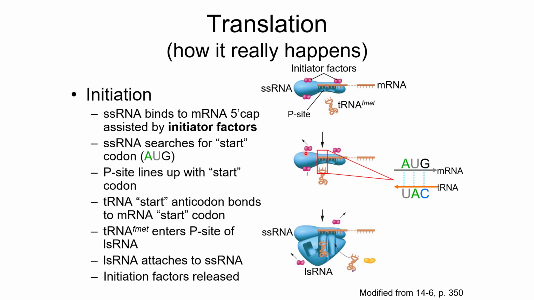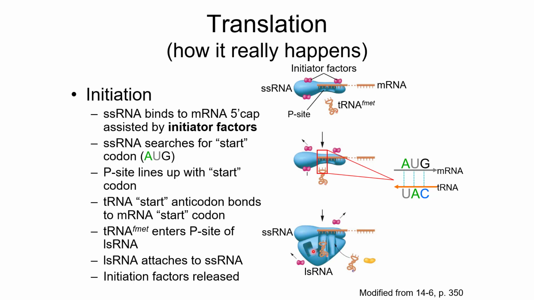That start codon is going to be aligned in the P site, so it gets aligned into the peptidyl site. And the tRNA that's going to carry the formyl methionine will bind to the mRNA in the peptidyl site. The P site is filled with our tRNA.